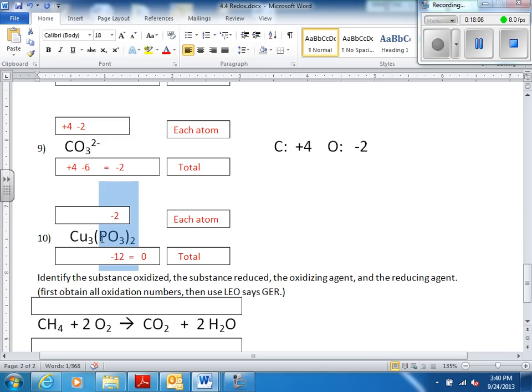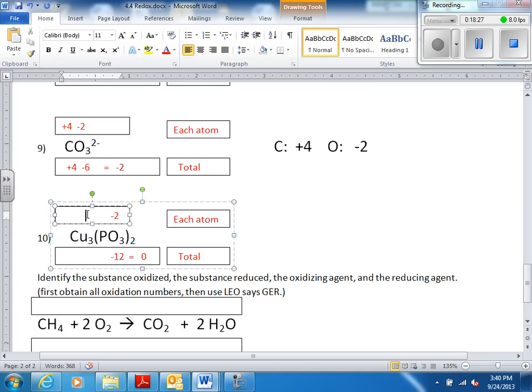So the total here is -6. Okay, 3 of these must equal +6, because the negative side, remember I said it was -6? The positive side has to be +6. So 3 of these are +6, so each of these must be, what times 3 is 6? 2.